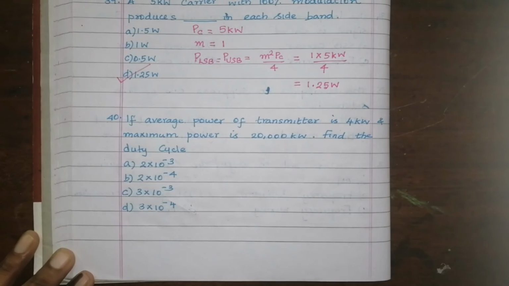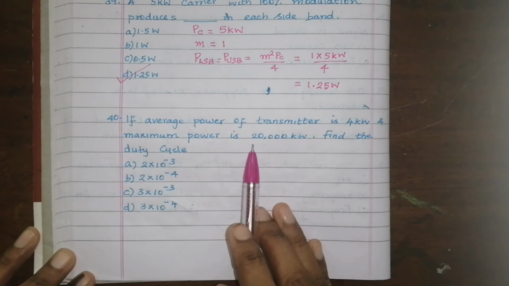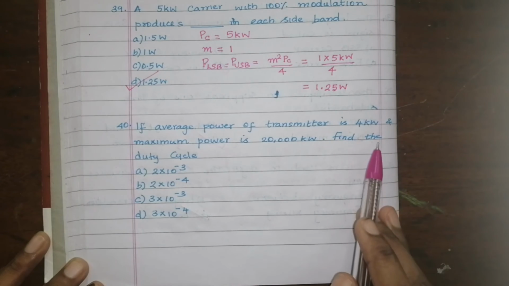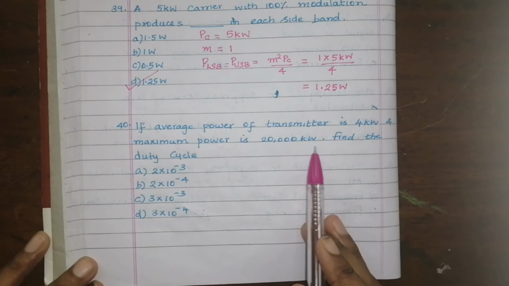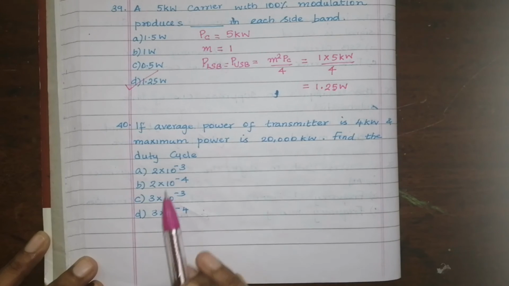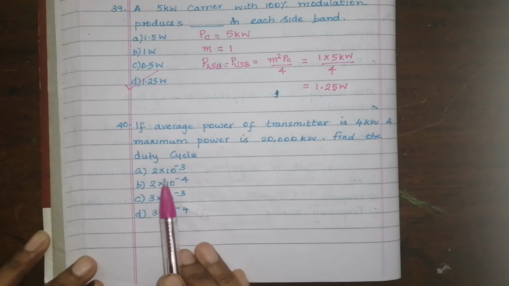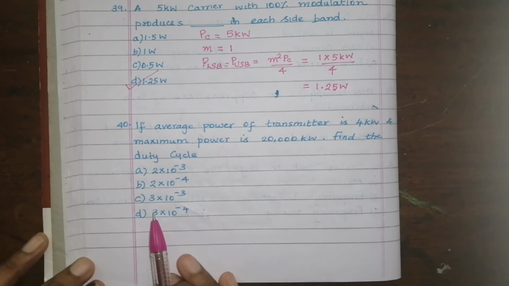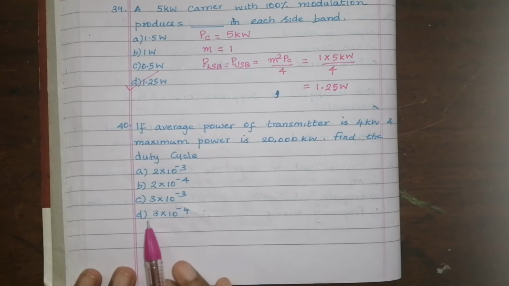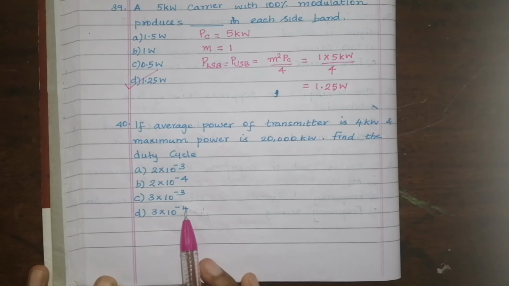Next question is, if average power of transmitter is 4 kilowatts and maximum power is 20,000 kilowatts, find the duty cycle. And 4 options are given. Option A, 2 into 10 power minus 3. Option B, 2 into 10 power minus 4. Option C, 3 into 10 power minus 3. Option D, 3 into 10 power minus 4.